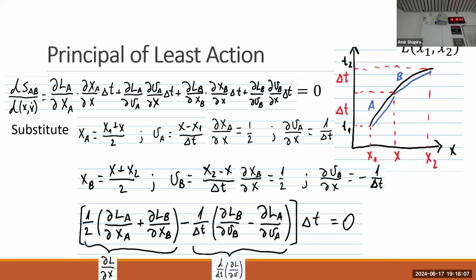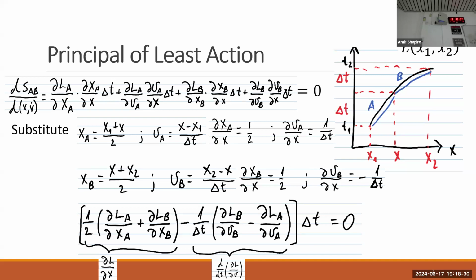And minus 1 over delta t, dl dv, which is simply dl dv over the delta t, is d to dt of dl dv. All of this is multiplied by delta t, but this has to hold true for all delta t.